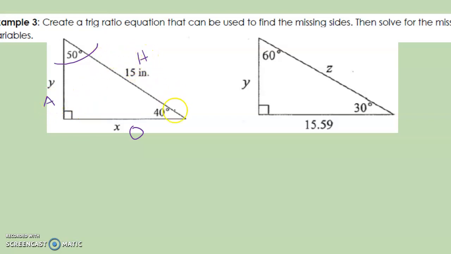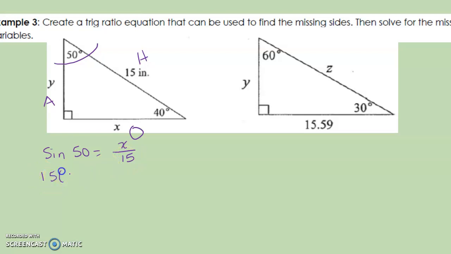If I was only given one angle, I would use that one as my angle of interest. So I'm just going to do my setups here. If I'm going to look for x, x is the opposite, and I was given h, O and h, that's sine. So my sine 50 equals my opposite, which is x, over my hypotenuse, which is 15.